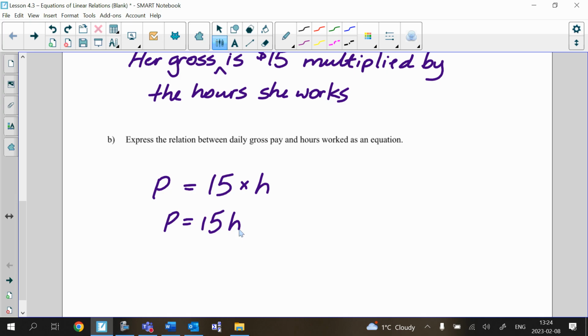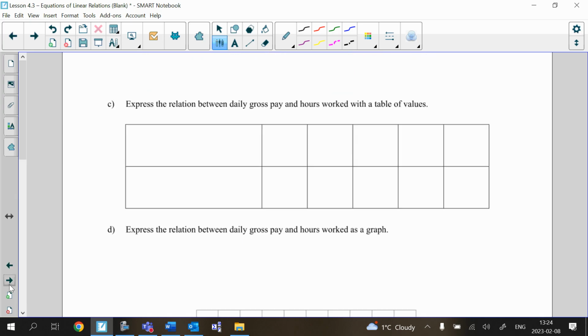to graph this relationship. But before we graph it, we can put some numbers in a table. Well, we're actually given some numbers here. We're told on Monday she works 6 hours, Tuesday she works 8, Wednesday she doesn't work at all, Thursday she works 4, and Friday she works 5. So I'm going to take all that information and I'm going to put it in a table. So this is going to be number of hours worked.